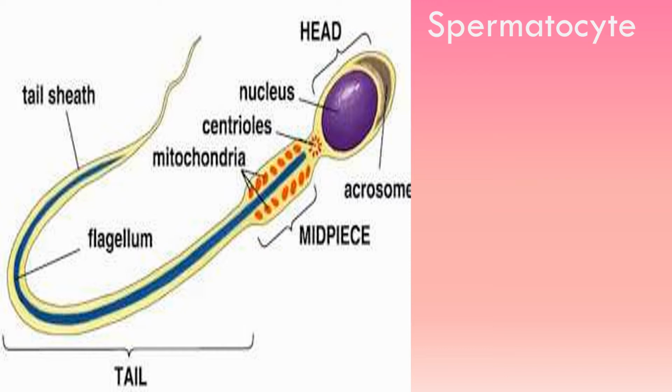It's fairly obvious that the function of a sperm cell is to pass on the genetic information from the father in order to fertilize an egg with the other genetic information.